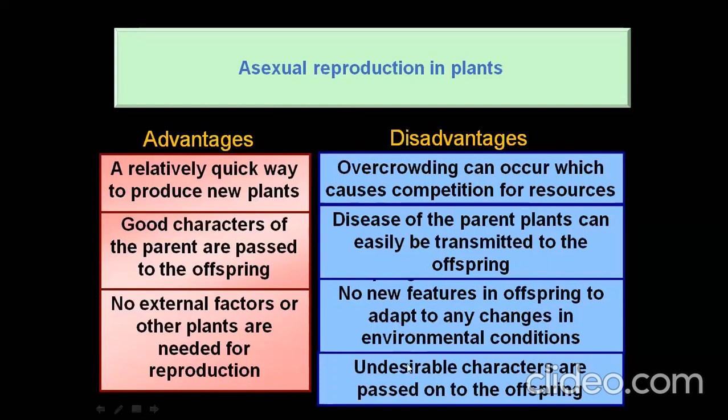Now, undesirable characters are passed on to the offspring. As I discussed, if the parents have a bad character, that is an undesirable character, that can transfer to their offspring. Right? All right.